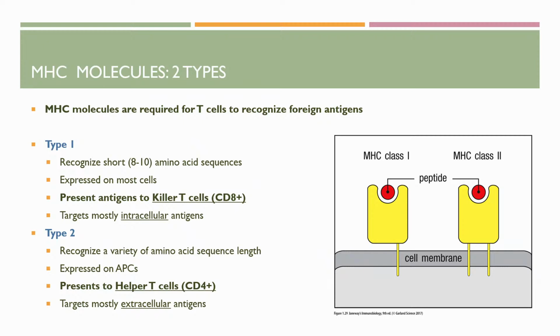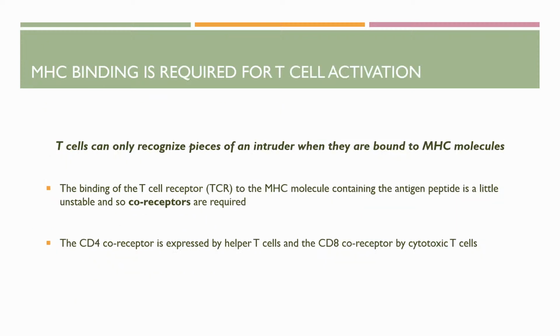These molecules are required for the T cell to be able to recognize antigens. T cells can only recognize pieces of an intruder when they are bound to MHC molecules. It's just me saying the same thing in a different way. The binding of the T cell receptor to the MHC molecule containing the antigen peptide is usually a little unstable, so some co-receptors are required.